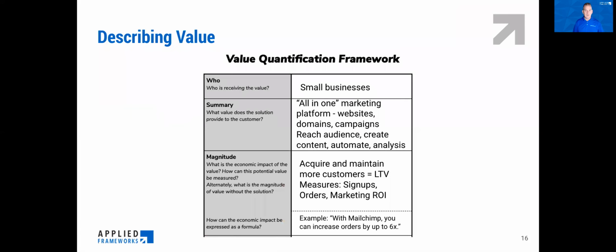So as we come back here, an example could be: with MailChimp, you can increase orders by up to 6x. Then you can see the magnitude here is really about increasing the lifetime value, the LTV of customers, and can be measured in multiple ways. Number of signups on the email list, your email newsletter, could be number of orders, could be the ROI of the marketing investment that you're making with their product.